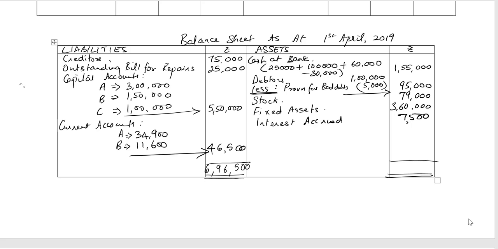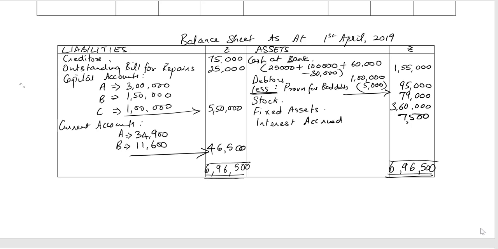Total of the liability side 6,96,500. Total of the asset side is also 6,96,500. Both sides tally.